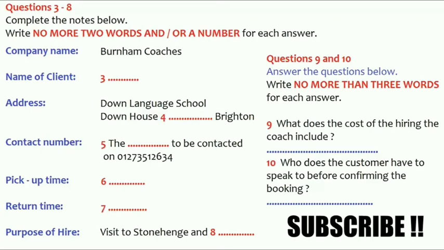Do you need the postcode? No, that's not necessary, but I do need a contact number. Of course. The number for the school secretary is 01273 512 634. You can contact her if you need to speak to anyone.